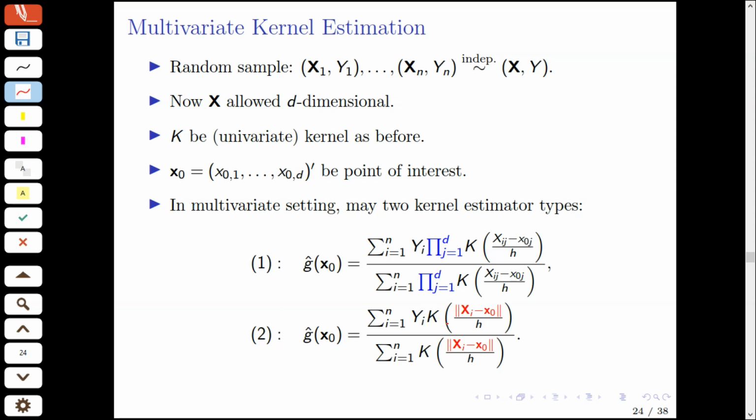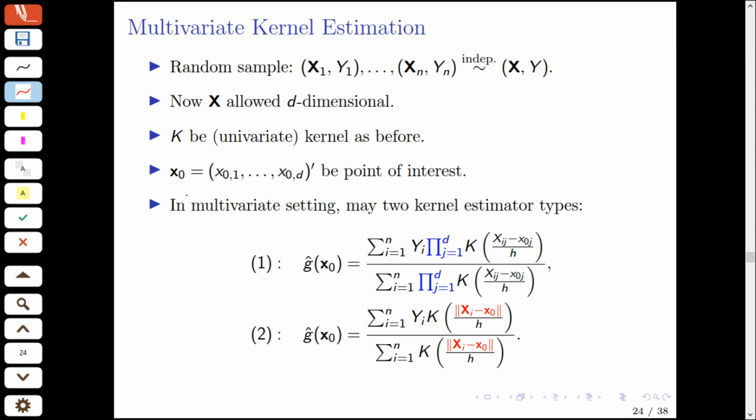So now let's expand our horizon and allow x to be d-dimensional, where d could be possibly larger than 1. We'll continue working with this kernel function as a univariate function. And since we're now in a vector case, our point of interest has to be a vector as well, so that boldface x0 denotes this point.